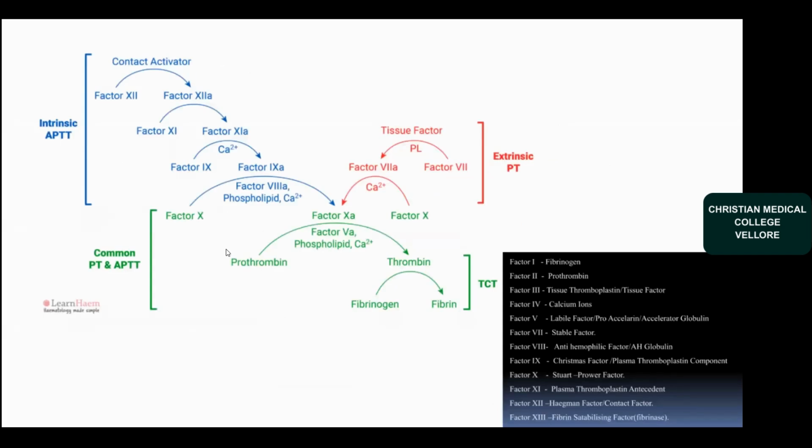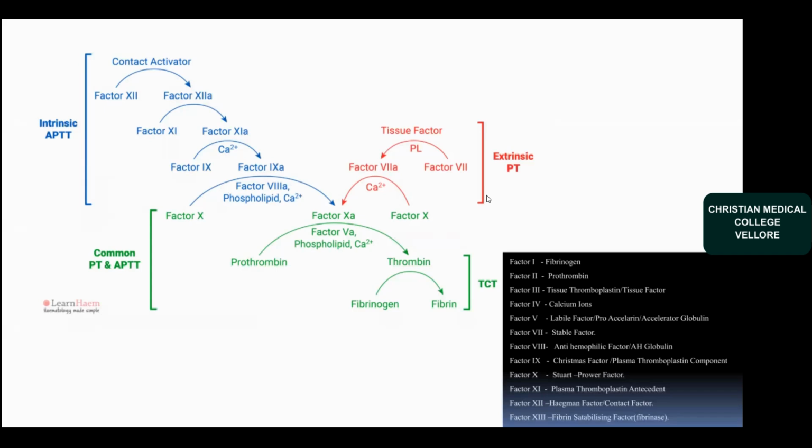Once the platelet plug forms, or the activation of platelets happens, then comes the coagulation cascade. There are two pathways, intrinsic and extrinsic. In the intrinsic pathway, there is activation of factors 12, 11, 9, and ultimately activation of factor 10 to 10A.